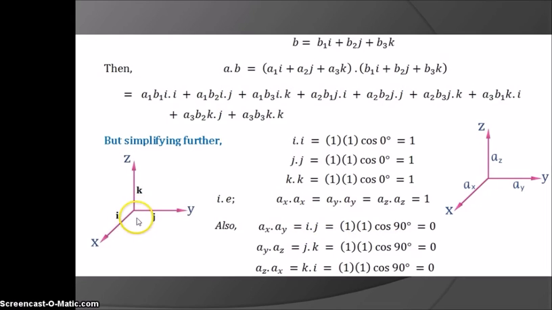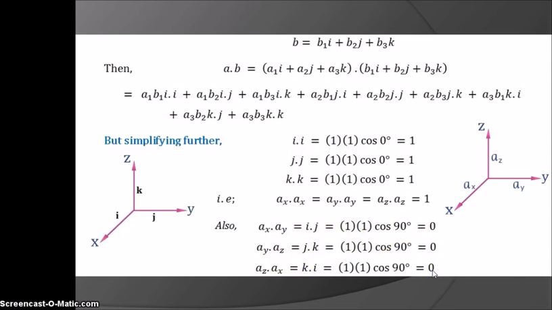Because when we have vectors in free space or in three-dimensional plane, we assume that the angle between each of these planes is equal to 90 degrees. That's why we say that the angle between i and j is 90 degrees. When you perform this operation on a calculator, you get 0. So same goes for all of this, 0.